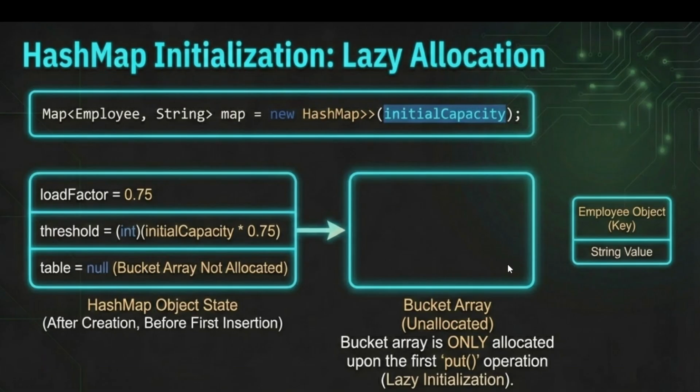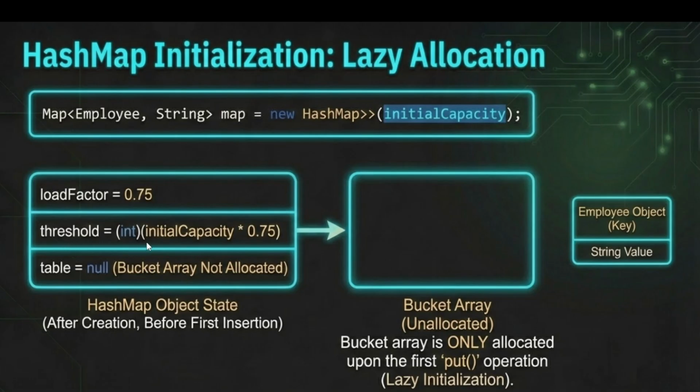So, hash map initialization. It is lazy allocation. How is it lazy allocation? Whenever we create a new hash map with initial capacity or with default capacity, if you don't pass initial capacity, it will be the default capacity. Whenever we create a hash map, the load factor will be assigned 0.75, as we already discussed.